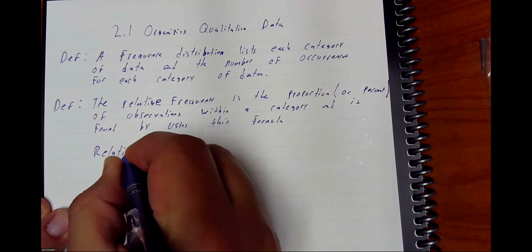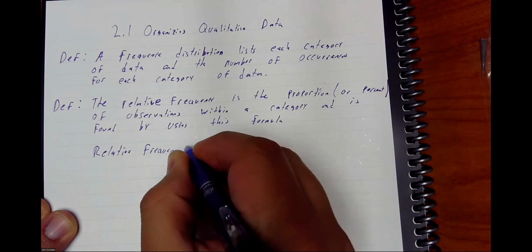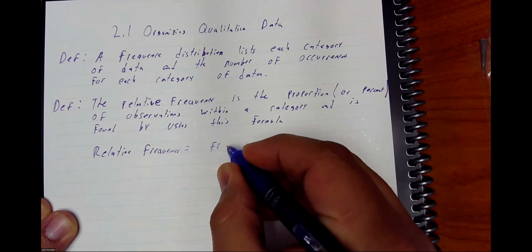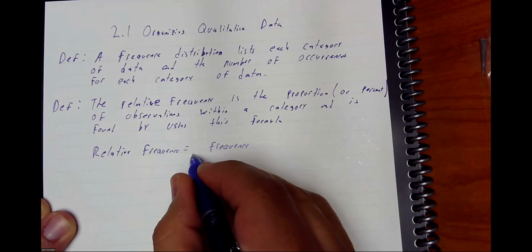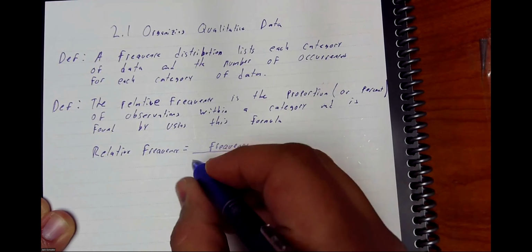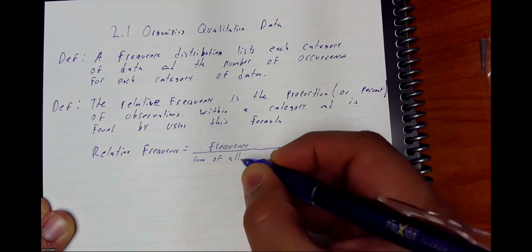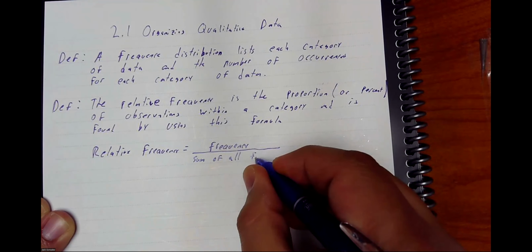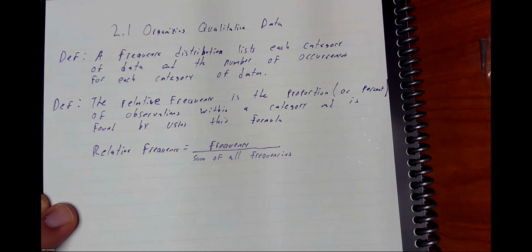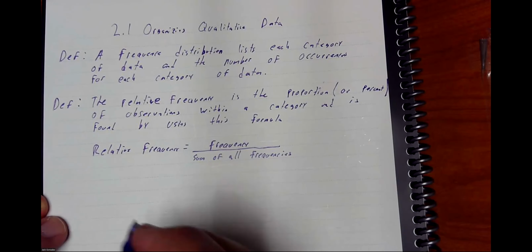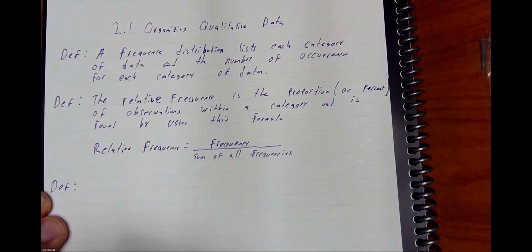So relative frequency is equal to frequency divided by the sum of all frequencies. And we'll do that in the homework in just a bit.